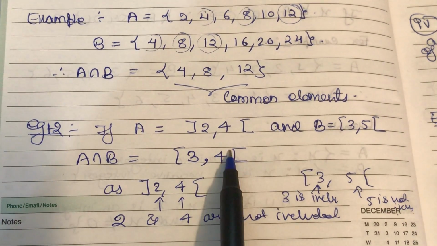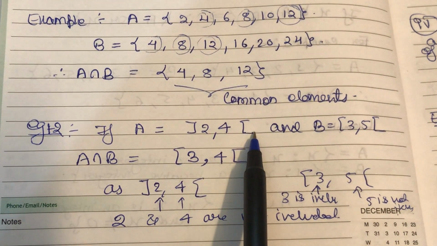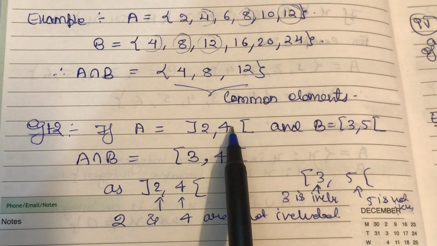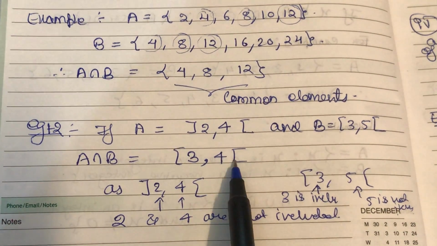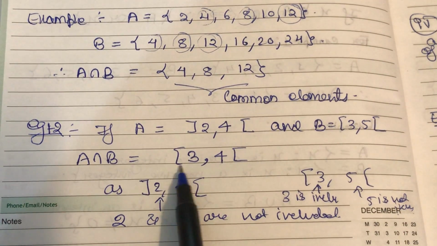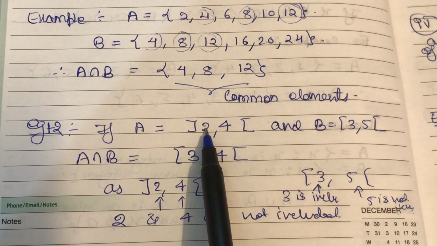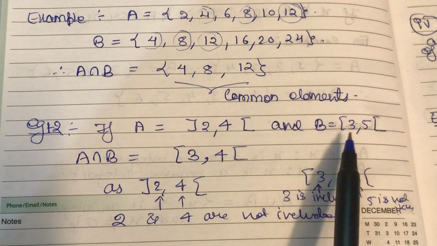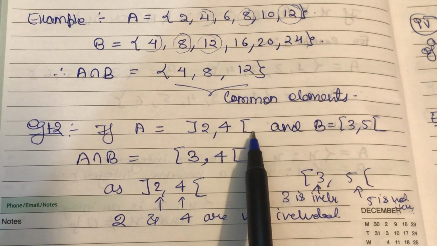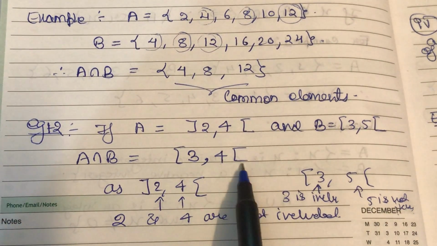But 4 should be in the excluded form, because here 4 is excluded. It doesn't matter whether I am including 4 here or not, here 4 is excluded. So I can write A intersection B as 3 included. Why? Because after 2 comes 3, and 3 is included, so I'll write 3. In case of 4, it is excluded, so it should be excluded.